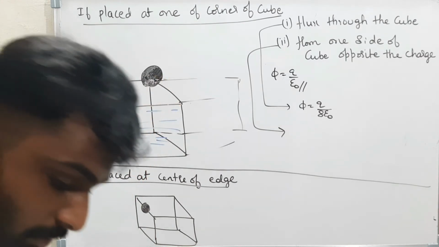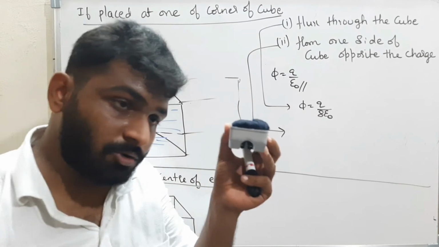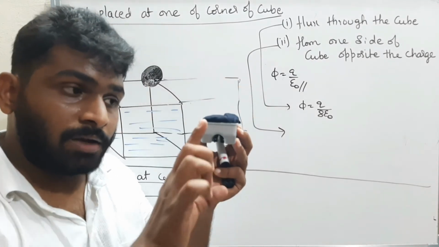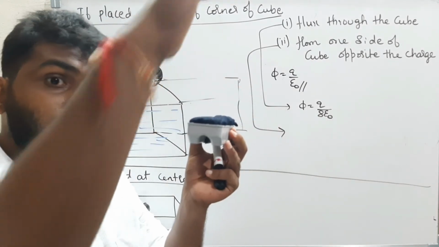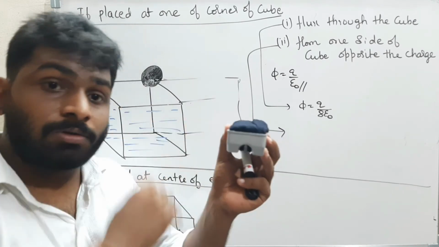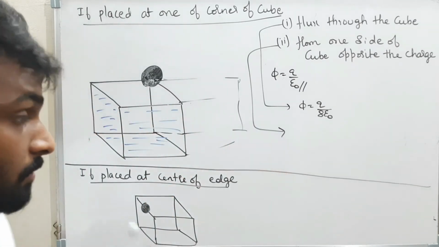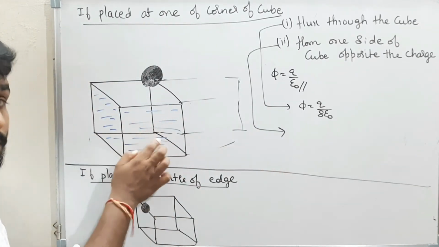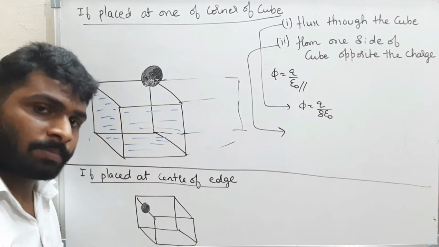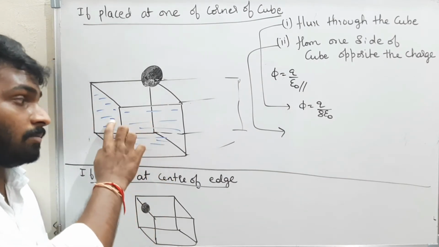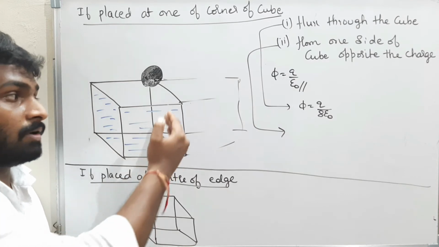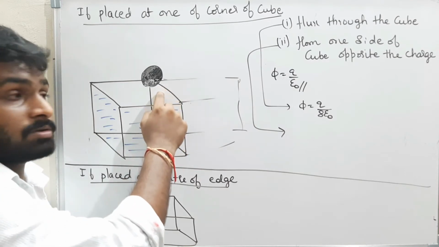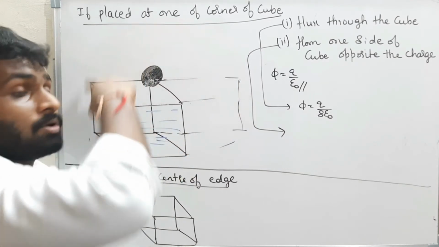And now see, just imagine. If this is the cube, if this is the body, and if I place 4 cubes on top, the flux will come out only from these 3 surfaces. Just imagine. The flux can't come out from this one, because it is inside the Gaussian surface.